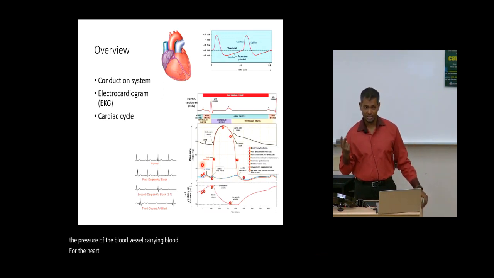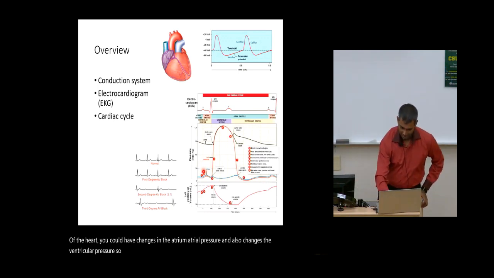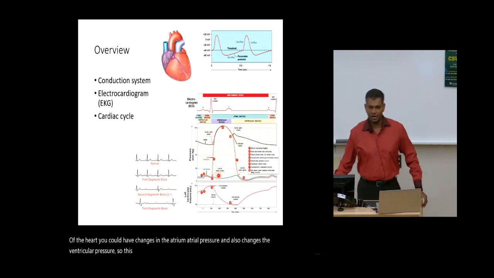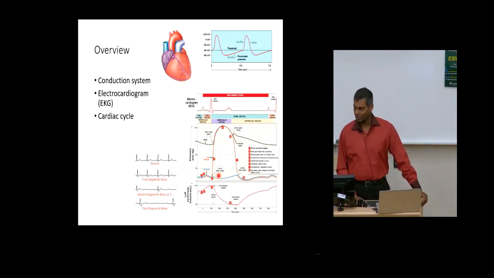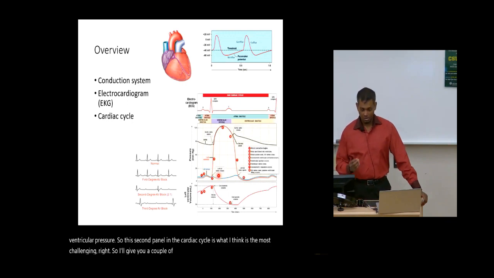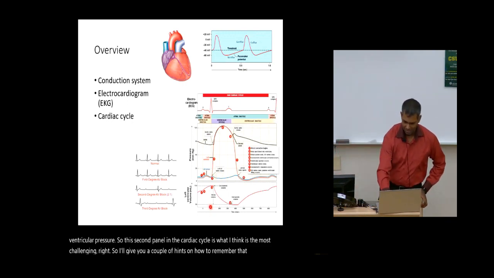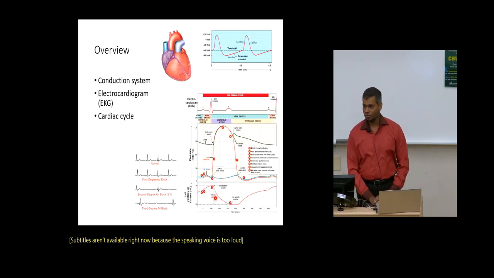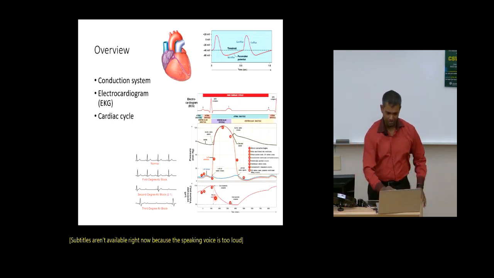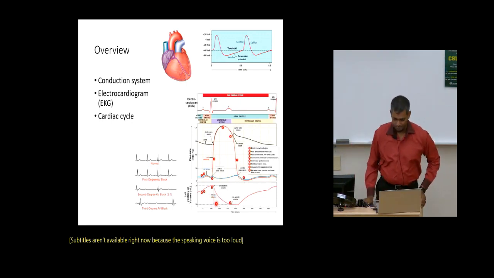You could have changes in the atrial pressure, and also changes in the ventricular pressure. This second panel is what I think is the most challenging, so I'll give you a couple of hints on how to remember that. And the third panel is changes in volume of blood in the ventricle. As the pressure changes, the volume will change in a corresponding manner, and that is the third panel.